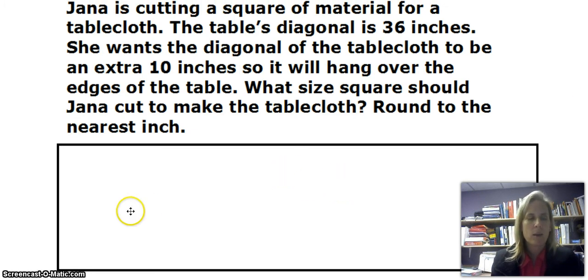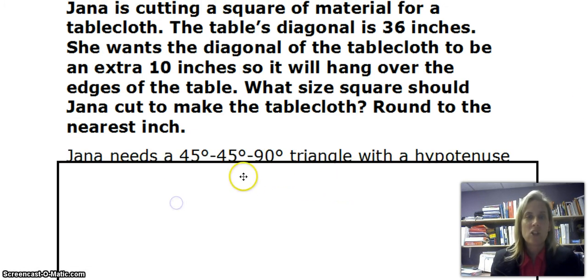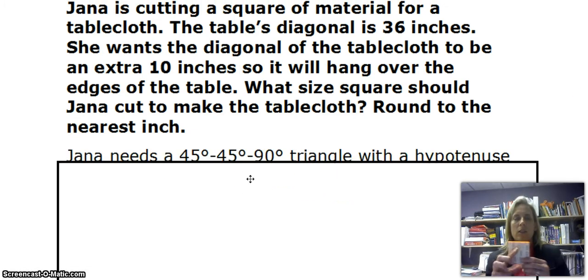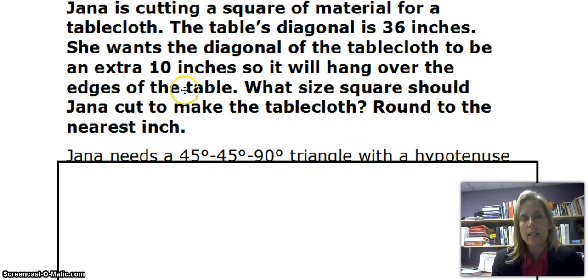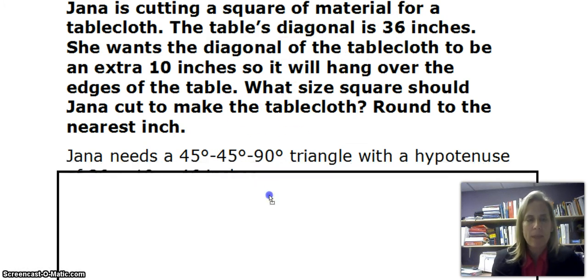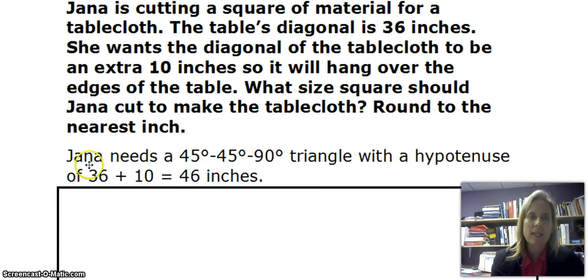Okay, so first we want to say she needs to create a 45, 45, 90 triangle with a hypotenuse that is slightly different than the diagonal of the table, 36, right? The hypotenuse needs to be 36 plus 10. She wants the diagonal to have an additional 10 inches. So the hypotenuse now has 46 inches.